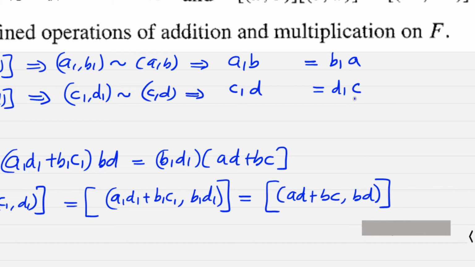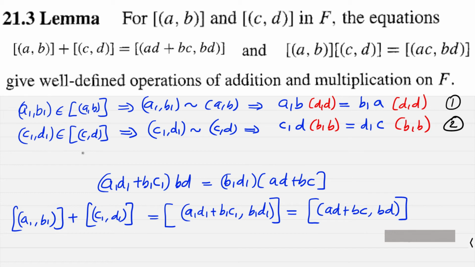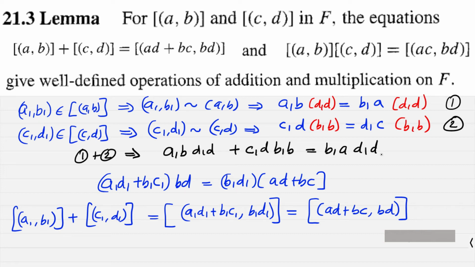Now, if I multiply the first equation by D1·D on both sides and both sides of the second equation by B1·B, calling them equation 1 and equation 2, and add them, we get A1·B·D1·D + C1·D·B1·B = B1·A·D1·D + D1·C·B1·B.